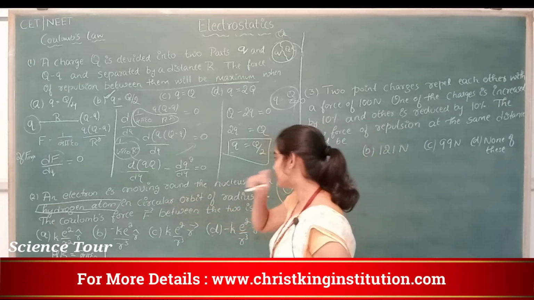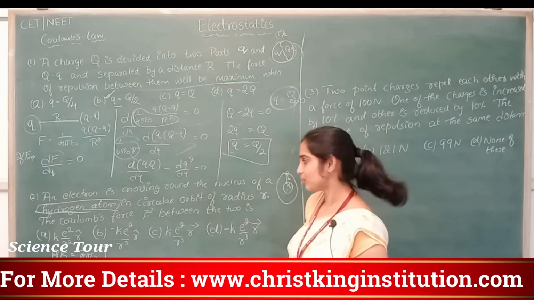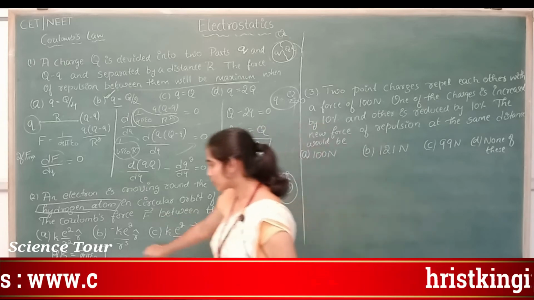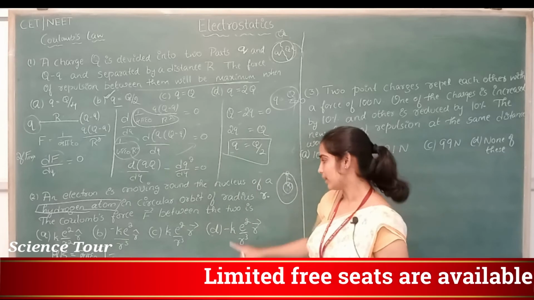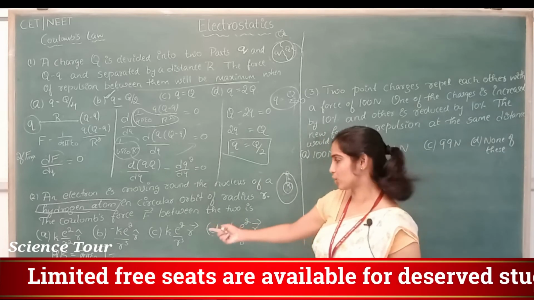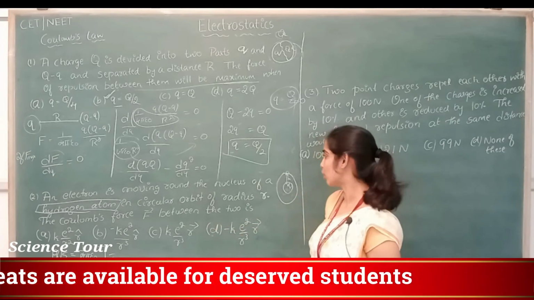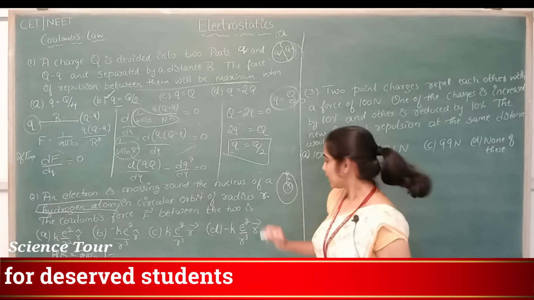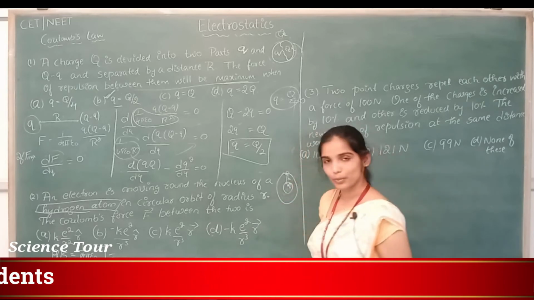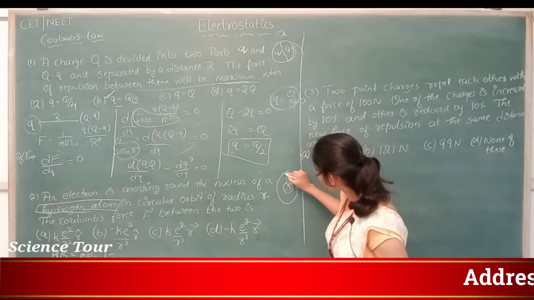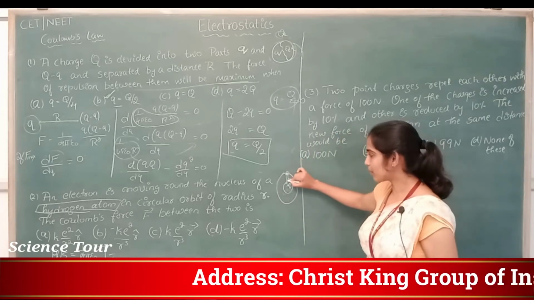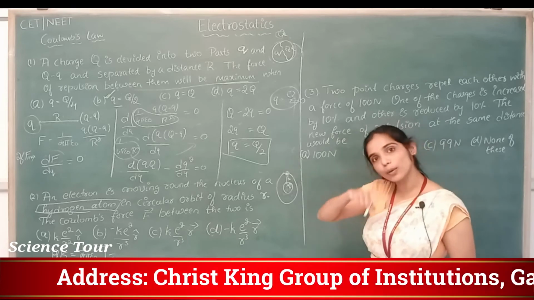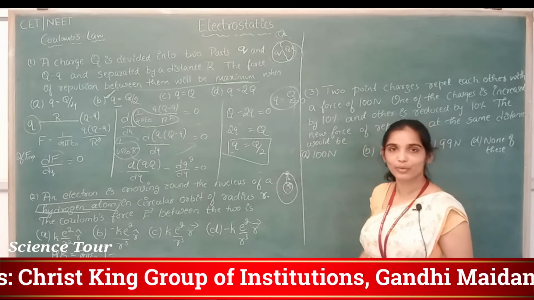The Coulomb force between the two is, options are given, and it is also given that k is equal to 1 by 4 pi epsilon naught. In the options you have k, which means 1 by 4 pi epsilon naught. Remember, this is a proton, a positively charged particle. This is an electron, a negatively charged particle, and the distance separation between them is the radius of the orbit in which the electron is revolving.